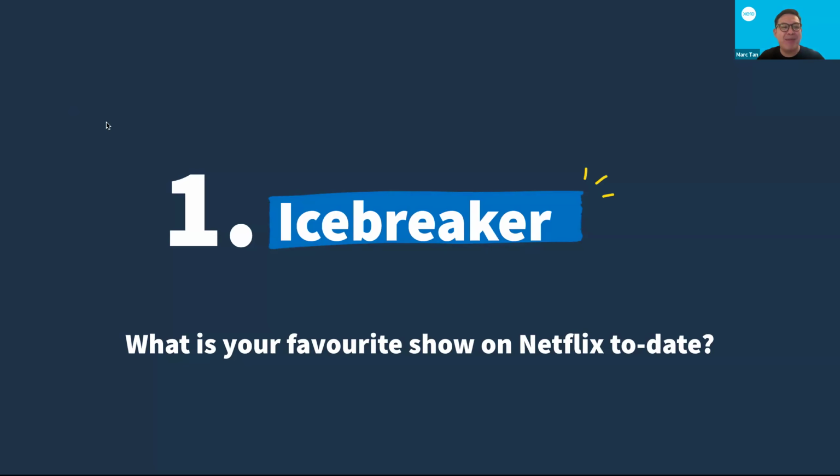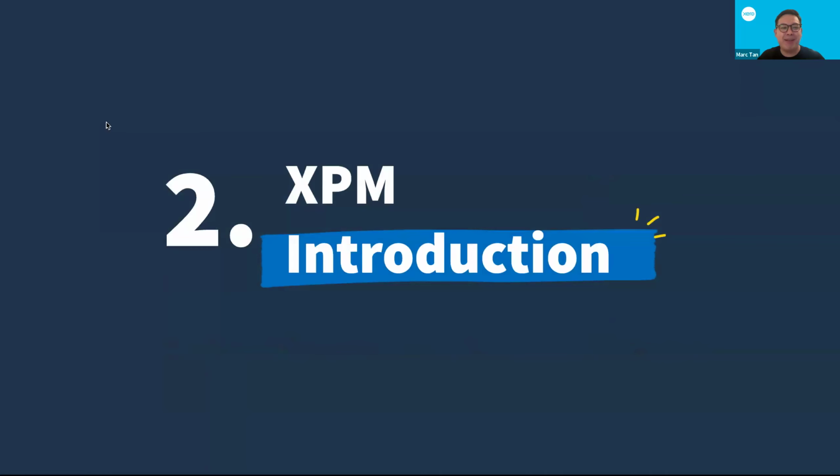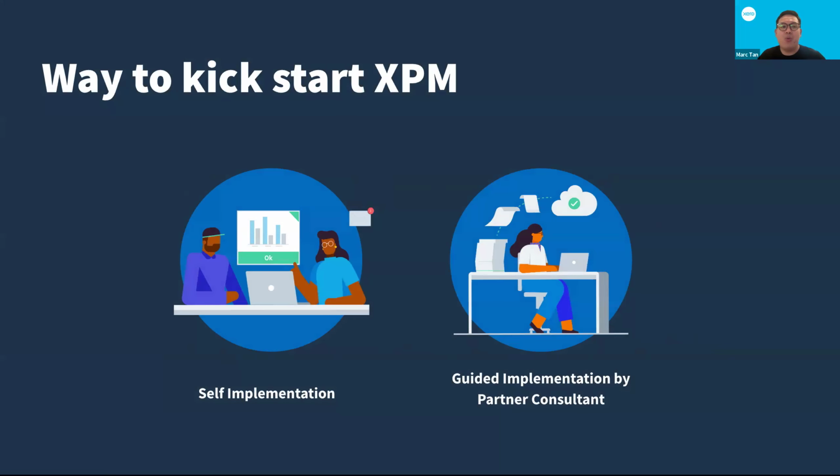Let's continue on with the webinar. We'll be going on to the XPM introduction. We'll kick off by going through the types of implementation that can happen with XPM. When it comes to getting started with XPM, there are two common approaches to implementation. First, there's the self-implementation model.